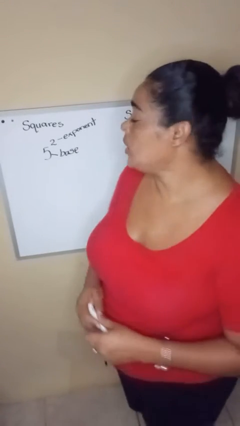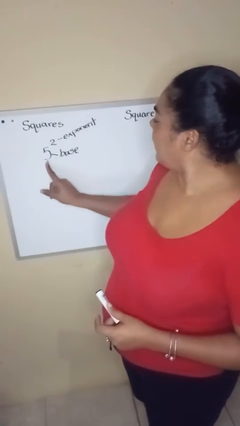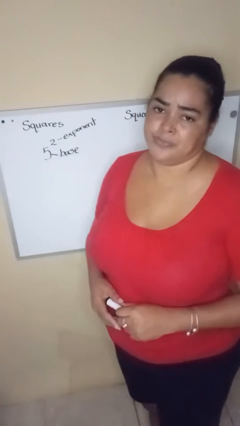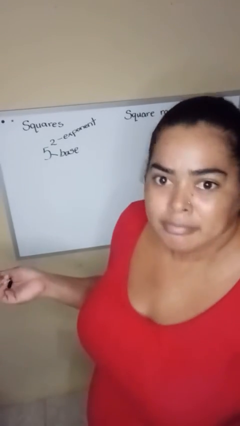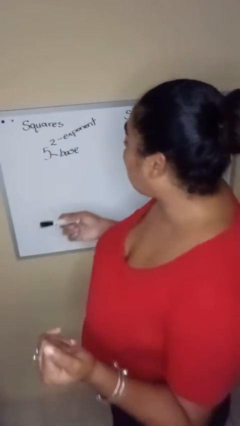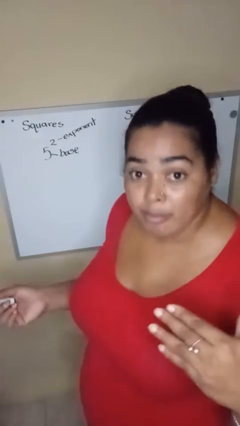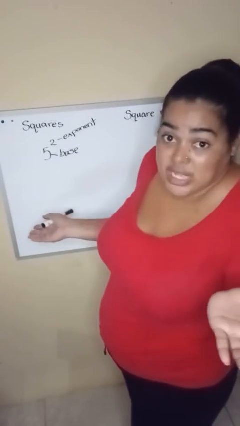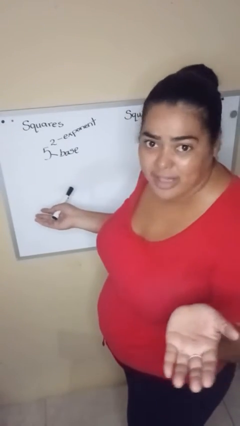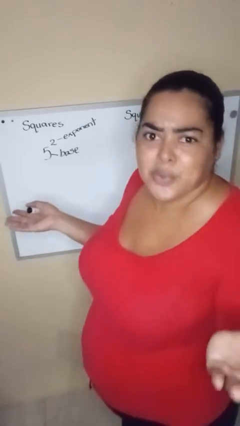Okay? Now, 5 squared. Now, what does 5 squared mean? What could it possibly mean? Now, we need a number that would represent this, because to us, that's not a number, right? 5 squared. What on earth is 5 squared?